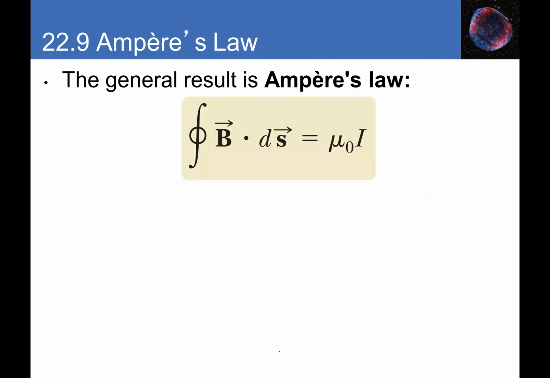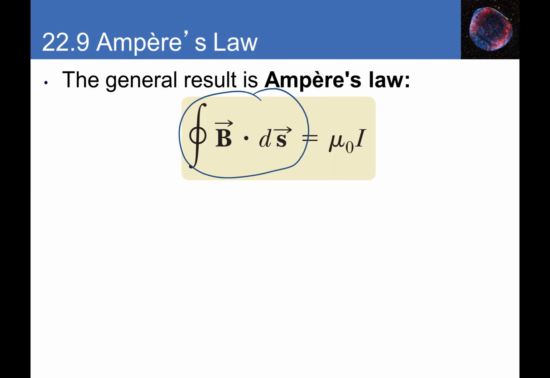All right, so that's what we have. The general result is Ampere's law, which tells you that for any type of wire or any type of different shape you have, you can create some kind of loop around your source. It doesn't have to be circular.